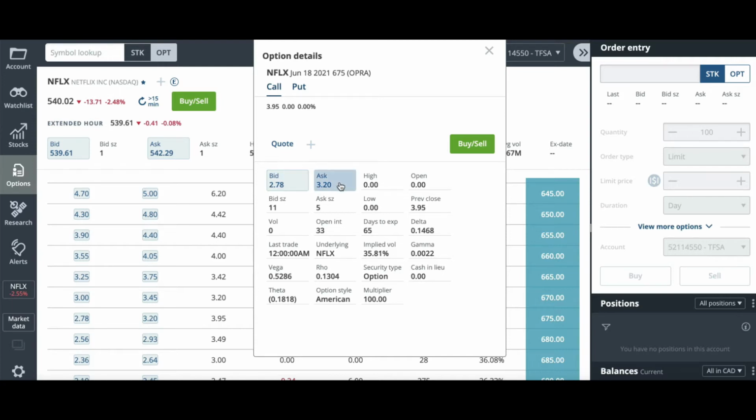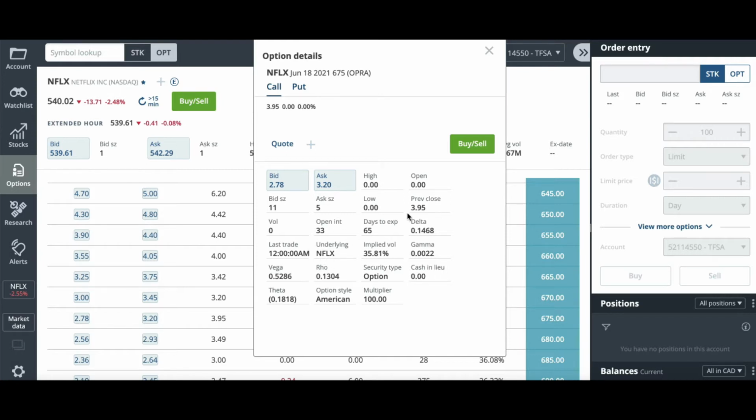So if you look at the bid and ask, this is what people are bidding or asking for premium of this option contract, and the last price was 3.95. So the last person that traded this contract paid $395 for one option contract to control 100 underlying stocks of Netflix.